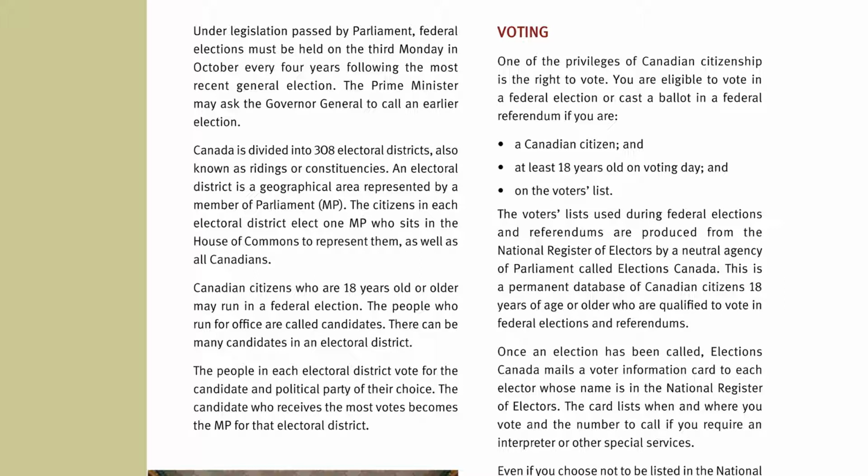This is a permanent database of Canadian citizens 18 years of age or older who are qualified to vote in federal elections and referendums. Once an election has been called, Elections Canada mails a voter information card to each elector whose name is in the National Register of Electors. The card lists when and where you vote and the number to call if you require an interpreter or other special services.